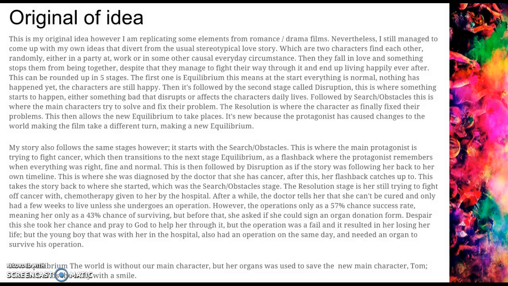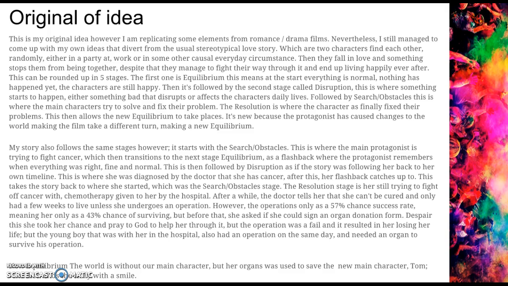This is my original idea. I explain it on here, explaining how general ideas for drama films would be laid out. Two characters who don't know each other will find each other in a remote location like an office. They'll start talking to each other, they'll develop some feelings, emotional connections.